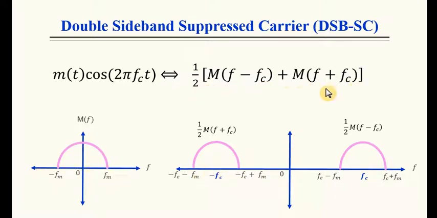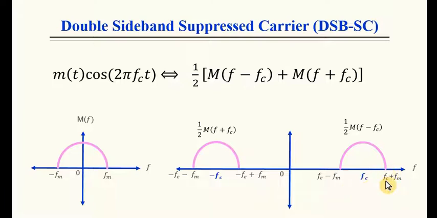If we plot this, we will have two components. The message signal has been shifted, or centered, around Fc. So this is half M of f minus Fc, and this is half M of f plus Fc.